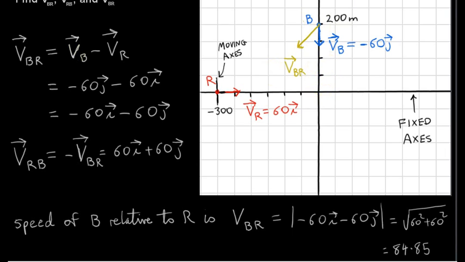So all the units are in meters, and let's say the unit of time is seconds. So the speed of B relative to R is 84.85 meters per second. You can see that it's greater than the absolute speed of B. The absolute speed of B, or the speed of B relative to the fixed axis, is 60. The magnitude of VB is 60.